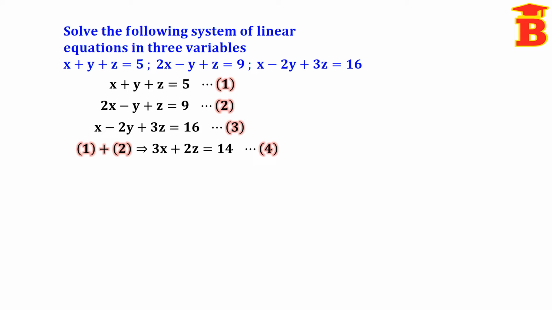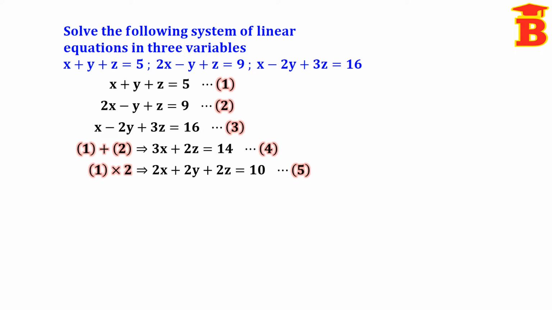Similarly, we have to cancel the y term in equation 3. In that equation we have the y term, minus 2y. So multiply the first equation by 2. Then only we can get 2y here. After that we can cancel the y term.